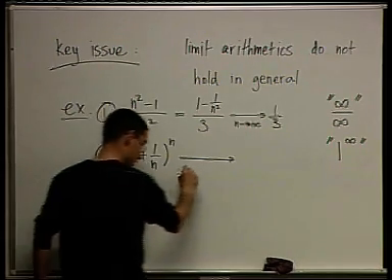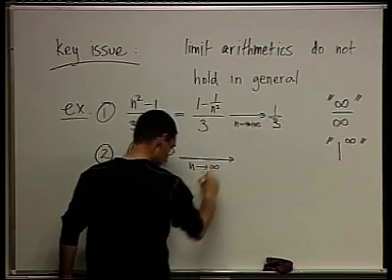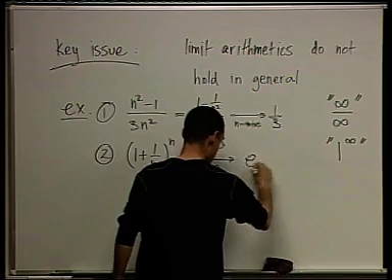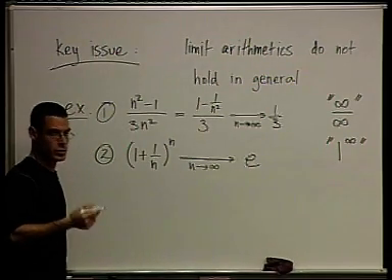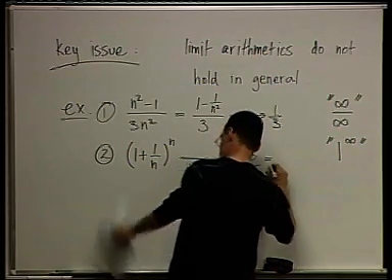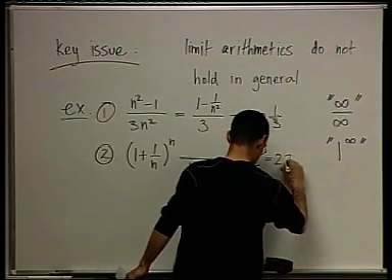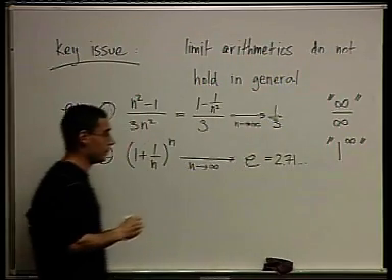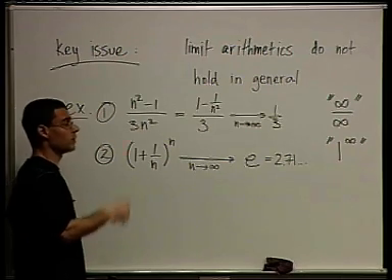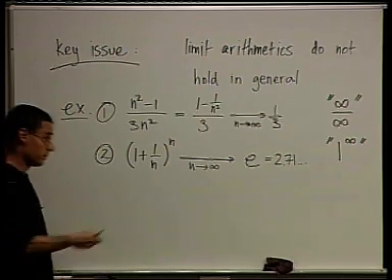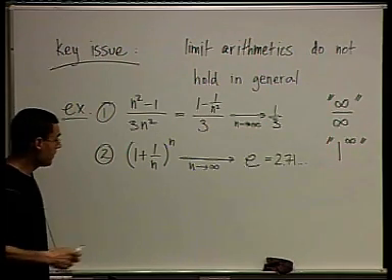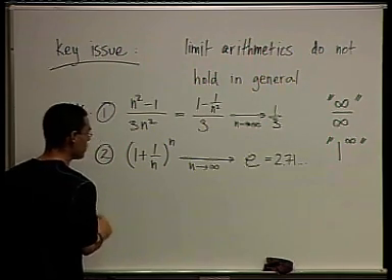But the limit of this thing, does anybody know? Right, you're right, it is e. e is a number which is 2.71 something. And we're going to discuss this example and argue why it's e later on. So it's not true to say that 1 to the power infinity is just 1. Here's a counterexample. Clear?